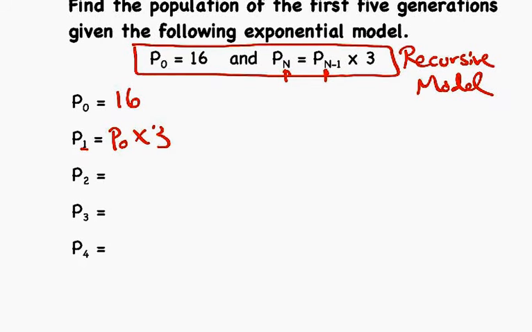So that would tell me P1 is equal to P0 times 3. And then we get our P0 by referencing the old data and plugging it in. So now we can say that P1 is equal to 16 times 3. And we get that P1 is 48.